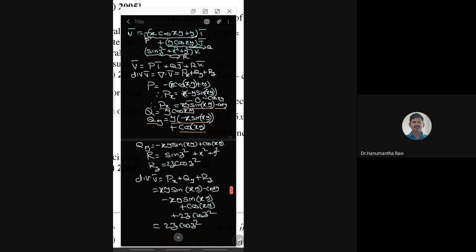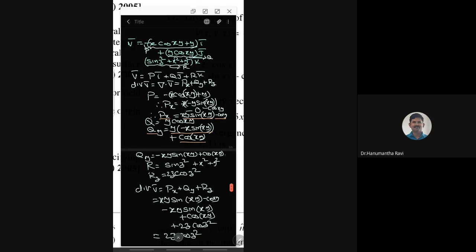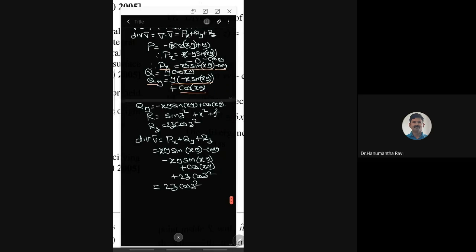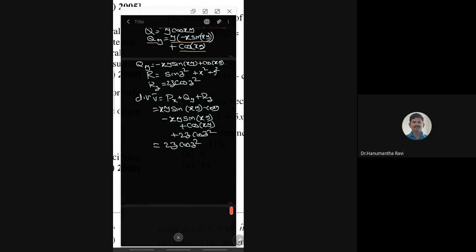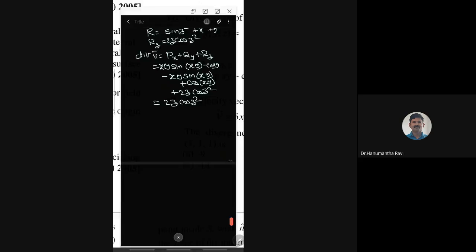We started from V bar and calculated the divergence using the formula. P is the i bar coefficient, Q is the j bar coefficient, and R is the k bar coefficient. So divergence of V bar comes as 2z cos z square. Right. We go for another problem.